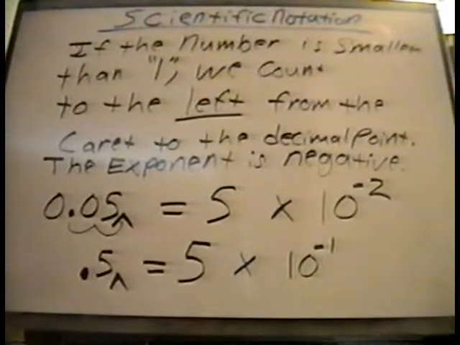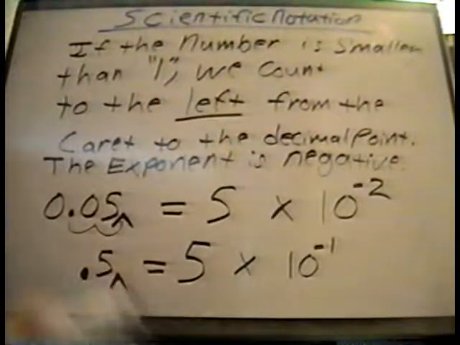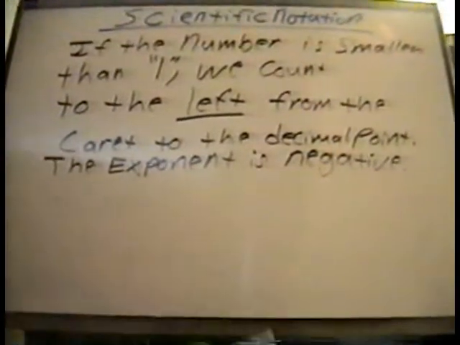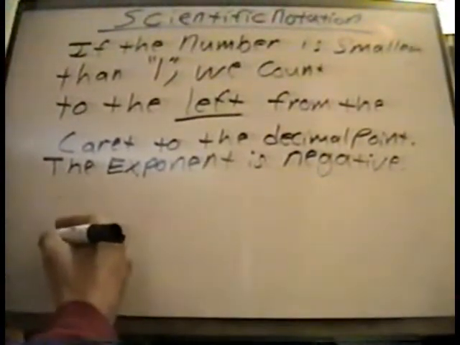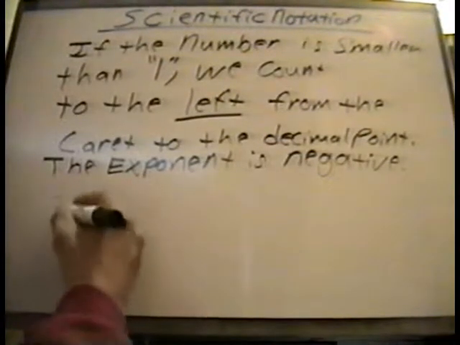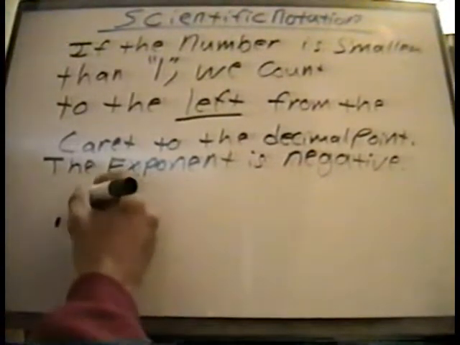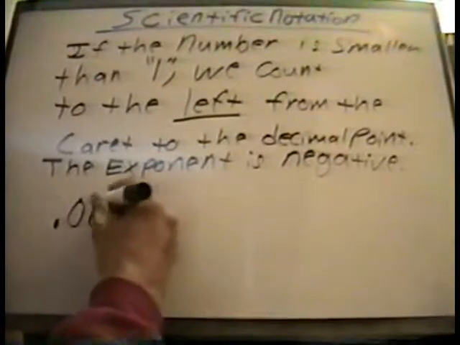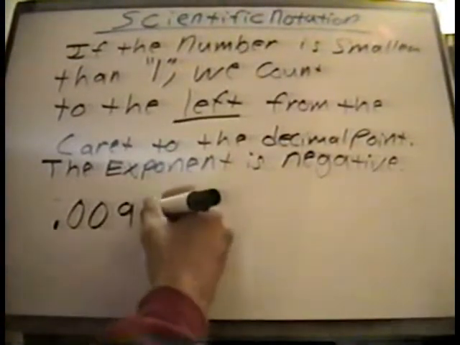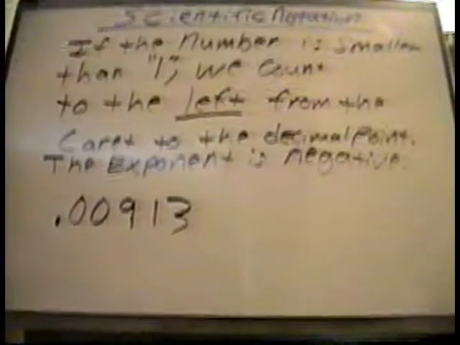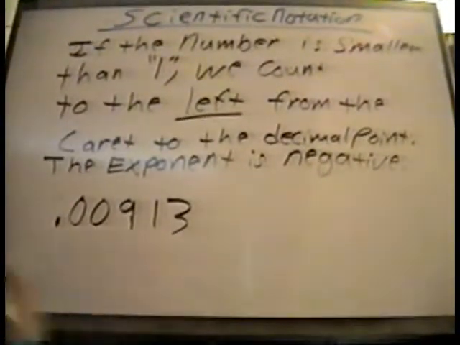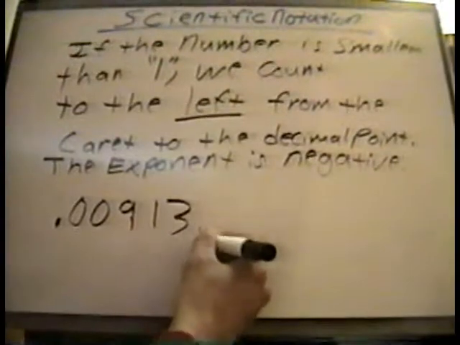For example, let's say we have 0.00913. Now, where do we place our caret? We don't place our caret here because we don't want 913. That would be 913 when we convert it.